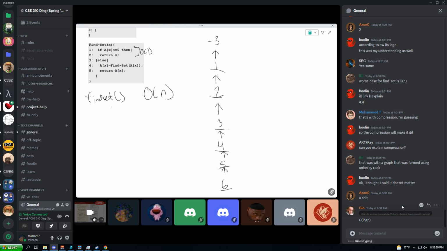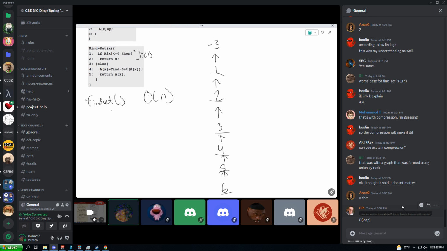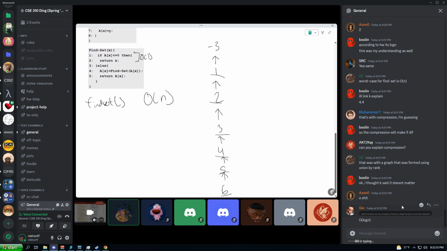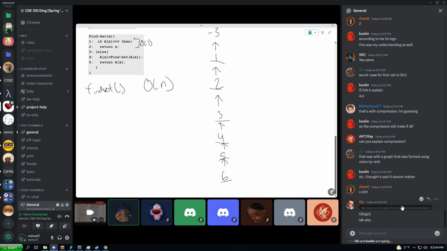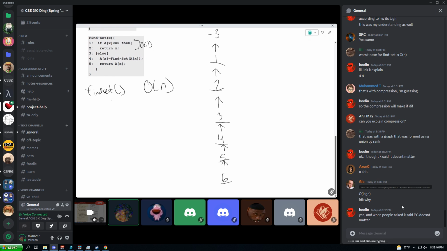Worst case time complexity of a disjoint set structure with n elements. How is that log n? There has to be some sort of assumption that was given, right?